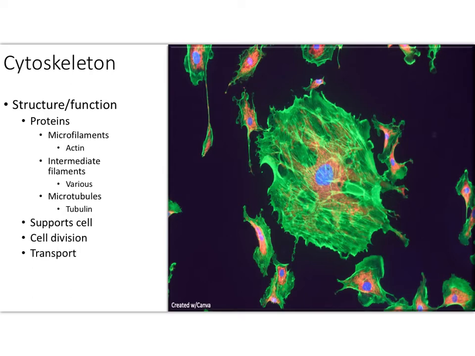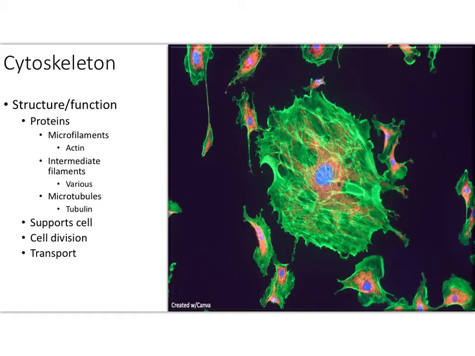But in eukaryotes, the main cytoskeletal proteins are microfilaments, which are made up of actin, intermediate filaments, which can be made up of various types of proteins. A good example is keratin, a common intermediate filament found in the cytoskeleton of eukaryotic cells. And then microtubules, which are made of tubulin.